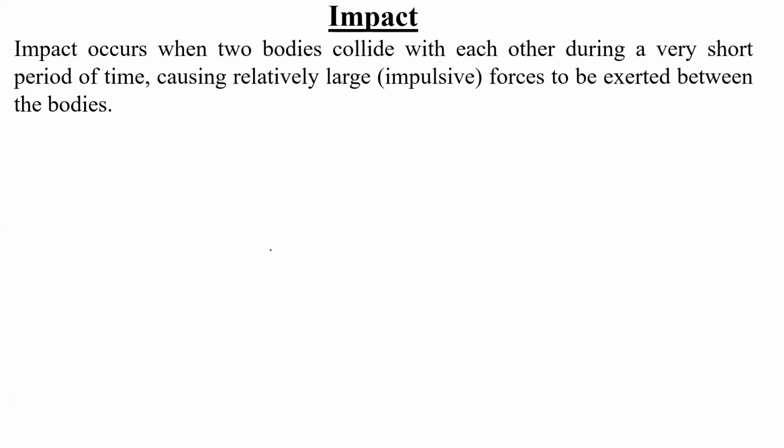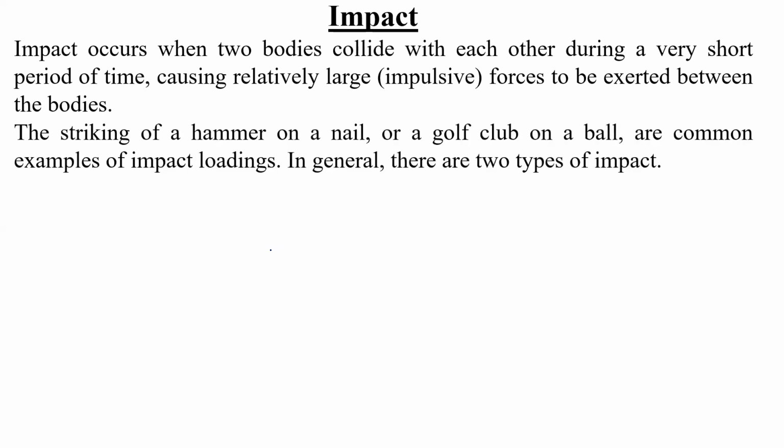Such as when there is a head-on collision in an accident. The striking of a hammer on a nail or a golf club on a ball are common examples of impact loadings. In general, there are two types of impact.